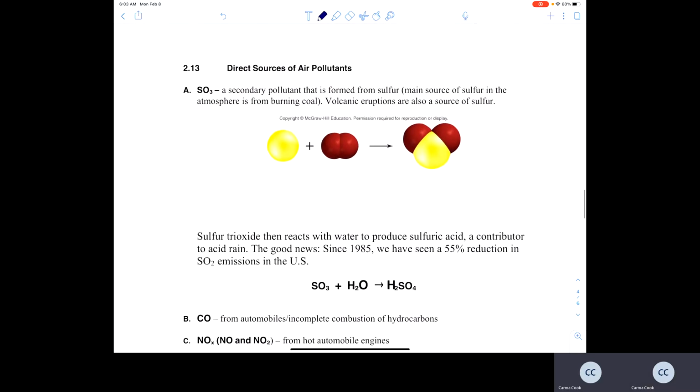And so we talked about those 6 main dangerous air pollutants. That includes SO2, sulfur dioxide, nitrogen oxides, and also carbon monoxide, ozone, lead, and particulate matter. All of those pollutants, those 6, are called primary pollutants.